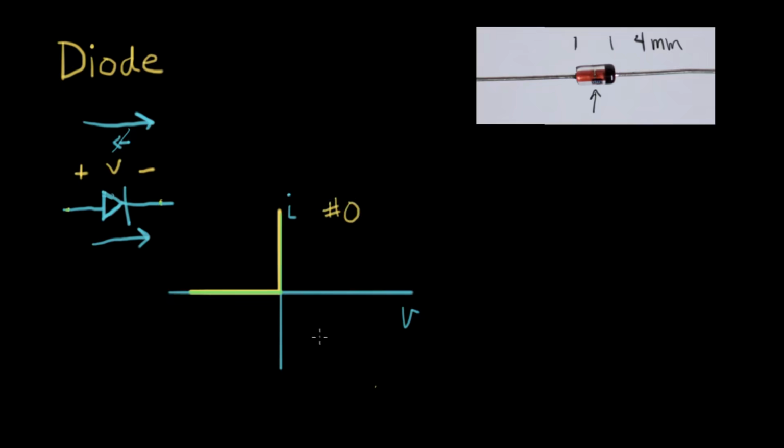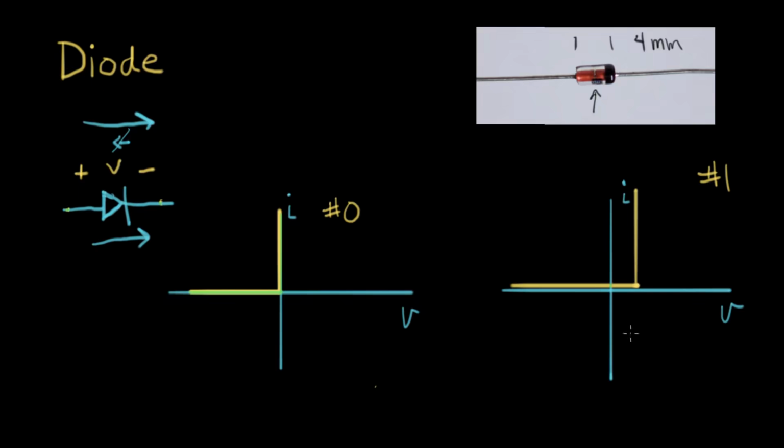Now, when we build real diodes, we don't quite get that perfect behavior. So in particular, if we build a diode out of silicon, I'll go to a number 1 model. A silicon diode actually doesn't conduct until a slight positive voltage, and then it would go up like that, where this is around 0.6 volts.